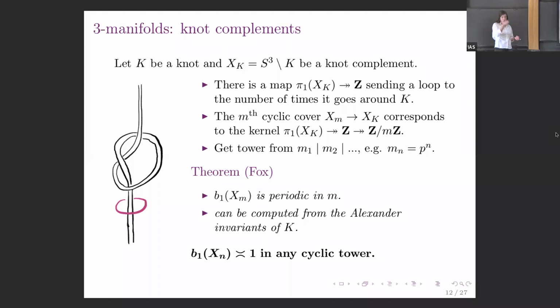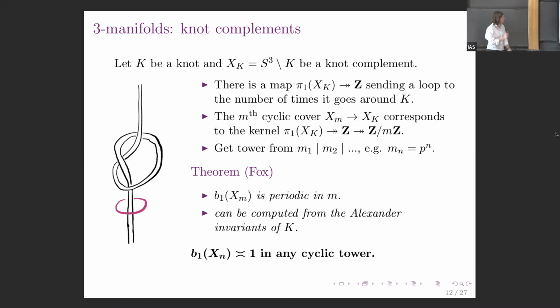At some point, you loop back. And not only that, but Fox tells you explicitly how to compute the first Betti number from the Alexander invariants of the knot K. If you don't know what the Alexander invariants are, that's okay. I'm not really sure I do either. The point is these first Betti numbers are explicitly computable, and the Betti numbers are bounded.